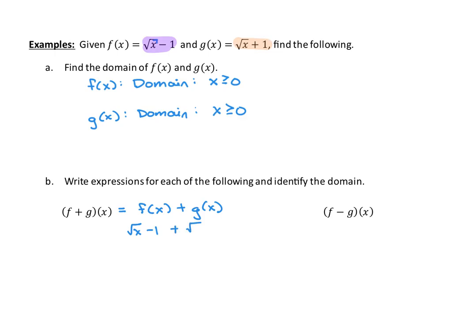And we want to simplify this by combining like terms. My negative 1 and my positive 1 cancel out. And when we add square root of x and square root of x, all we get is 2 square root of x.